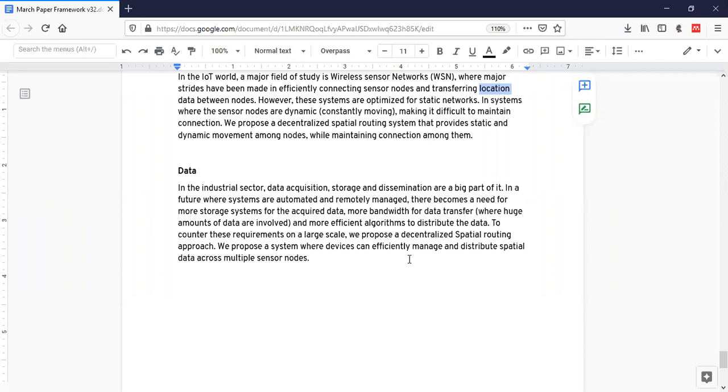Good. I think it's good that you're pointing out these main axes. One is dynamic versus static, and the other, you also talk about data acquisition, storage, and dissemination. These are different use cases.